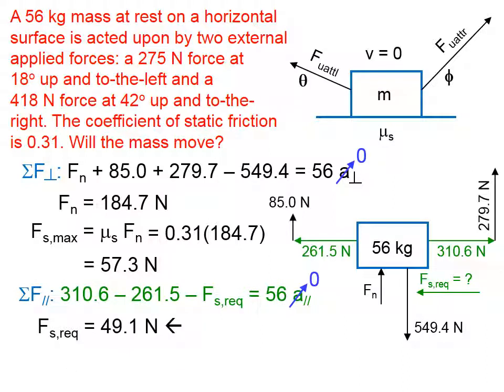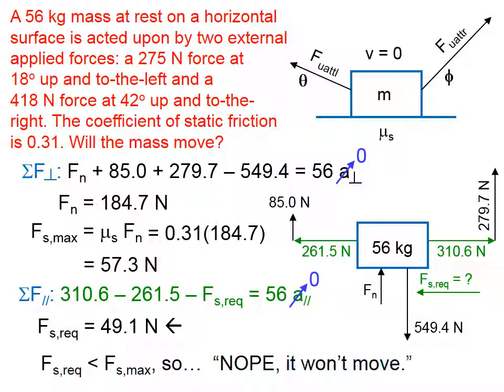In other words, if we want to keep this mass at rest, we need a friction force of 49.1 newtons. Well, the maximum that we can have is 57.3, so we do make it, but just barely. So the answer is no, this mass will not move.